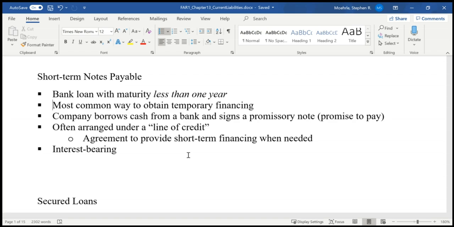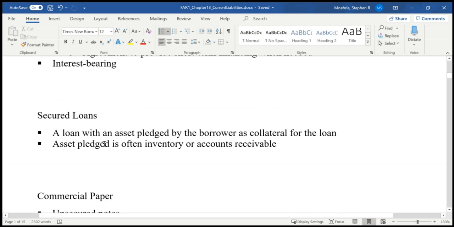So that's essentially what it is. It's the company's credit card with a bank. It's an arrangement with a bank for no questions asked, or few questions asked, financing up to some amount. Short-term notes payable are interest-bearing.